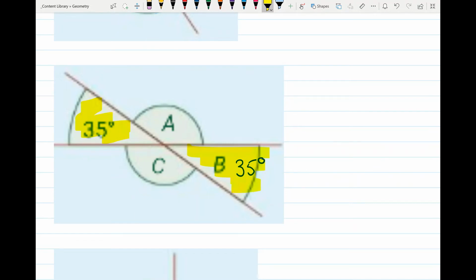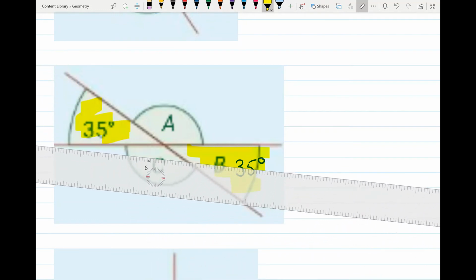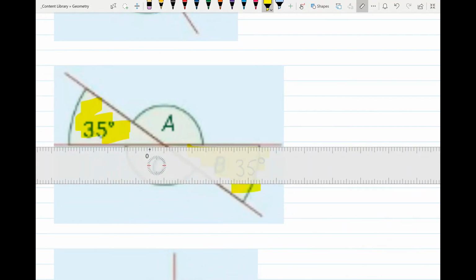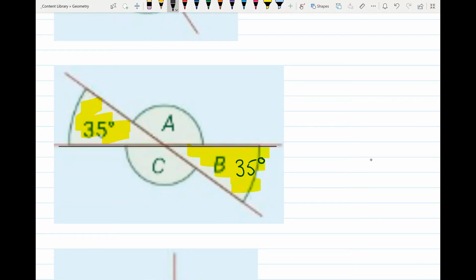And to find angle A and C, we do what we've been doing before to calculate, where we get our straight line, and we know that 35 plus A has to equal 180. So we go 180 minus 35 equals 145.